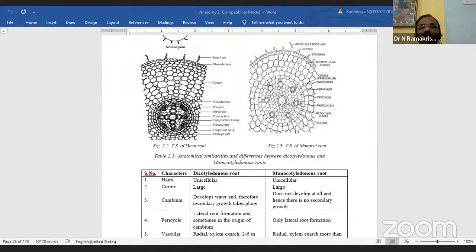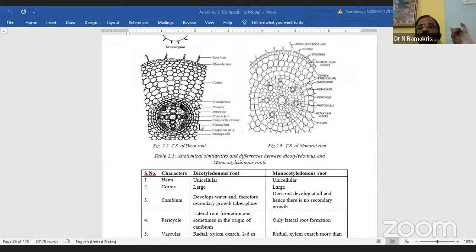Next, above the stele there is one protective layer, which we call the endodermis. Next is the pericycle, just below, one more layer-like structure. So this second part is over.